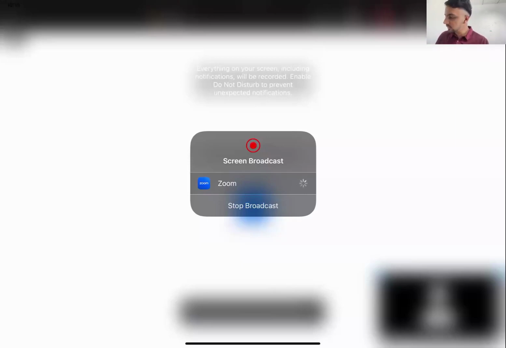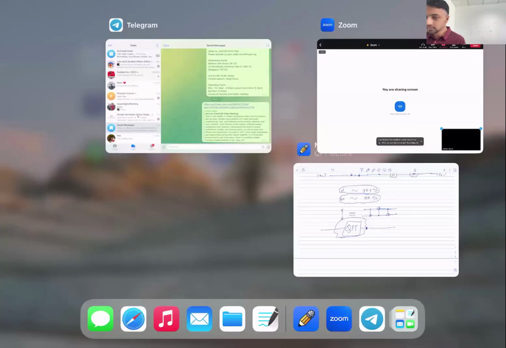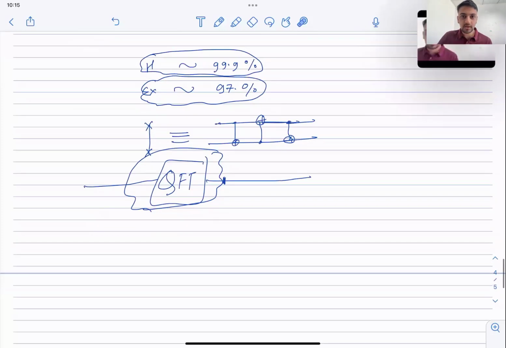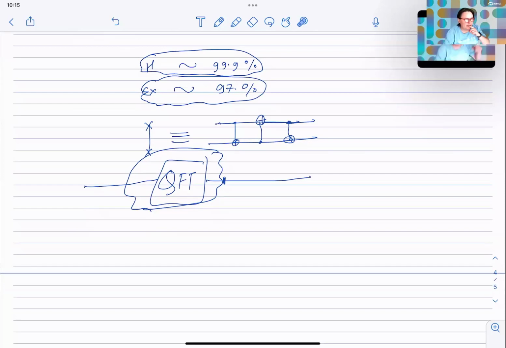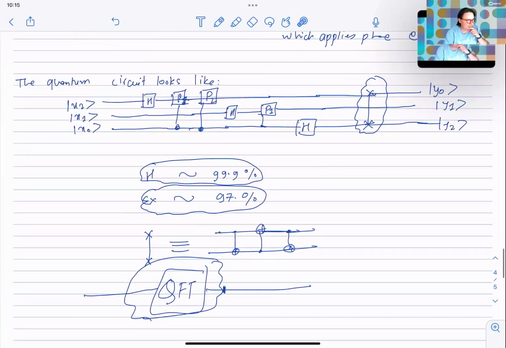Yeah, Alex, can you clarify? Do you want to unmute yourself and clarify? Further up, where you had the circuit, it shows both of the control gates coming off X0. I think the P1 should come off X1, shouldn't it?